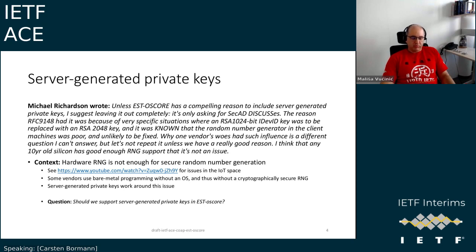If you're always thinking in terms of the newest processor types, that may not be a problem anymore, but I think in reality it still is. One question that I have that maybe is unrelated to resolving this issue: do we have ways for the server to actually contribute to entropy?